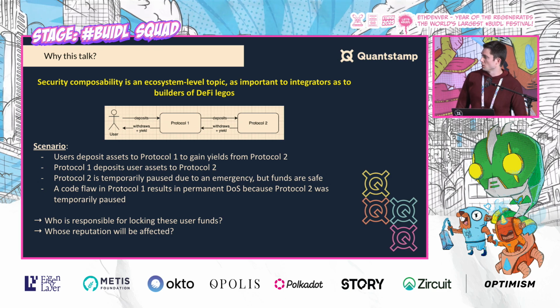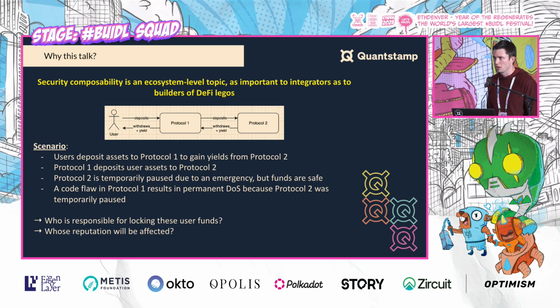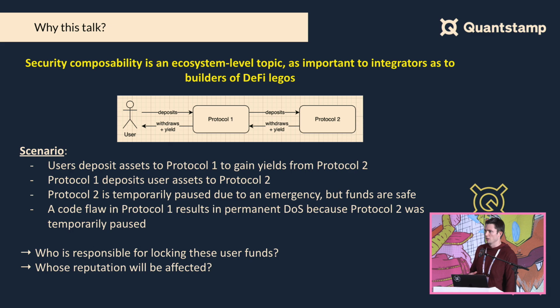Here we have an example of two protocols where protocol 1 integrates with protocol 2. Say a user deposits into protocol 1, and then protocol 1 does some kind of yield aggregation and deposits the user's funds into protocol 2. Then say for some unknown reason, protocol 2 needs to pause. Maybe they found an issue and needed to fix it, or something happened with protocol 2, which then creates an unrecoverable denial of service in protocol 1.